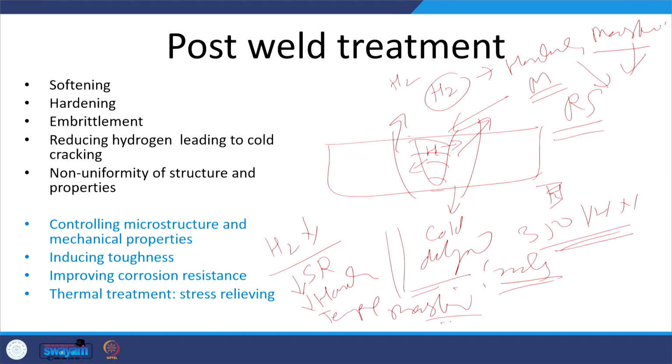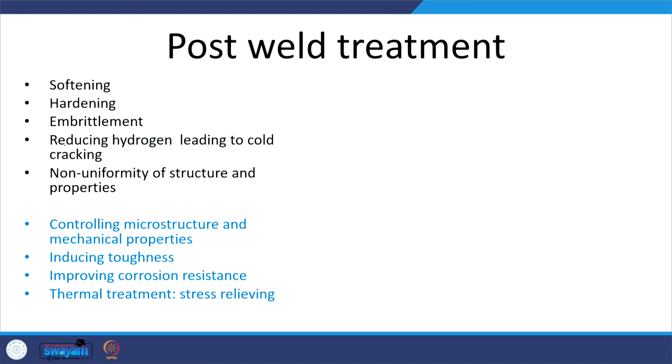Once all these factors happen due to the heating of the hardenable steel weld joints, that will reduce the hydrogen embrittlement as well as the cold cracking tendency. So, that is about reducing the hydrogen leading to cold cracking.